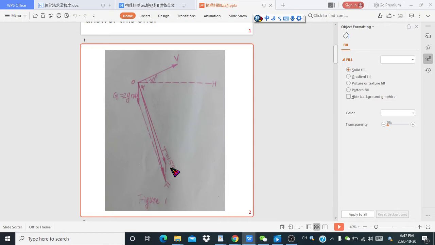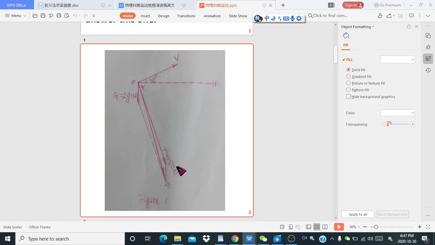So their resultant is force F. And the sum of horizontal components of forces G and T equals force F's horizontal component. And the sum of vertical components of forces G and T equals force F's vertical component.